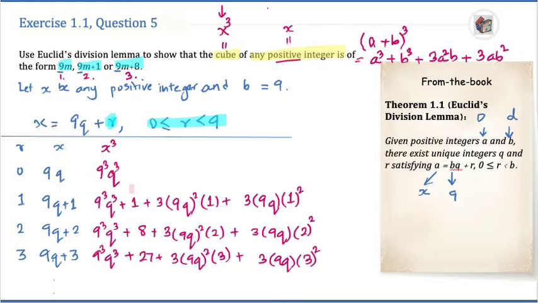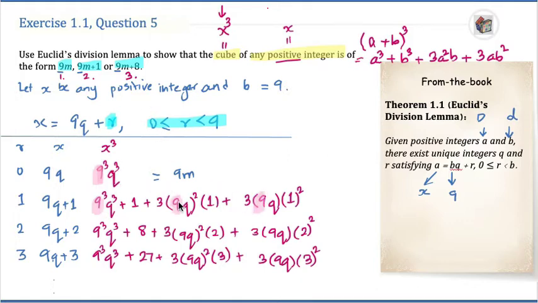Now just observe. This first one, where r is equal to 0, I see that my x cube is a multiple of 9. So without thinking twice, I will just say it is 9m. So whatever is the rest of it after taking my 9 out, that will become m. When I look at the next one, I can see that there's a 9 in the first term, the third term, as well as the fourth term.